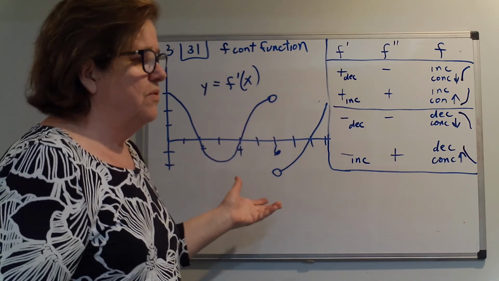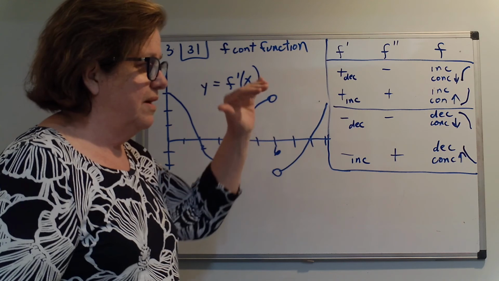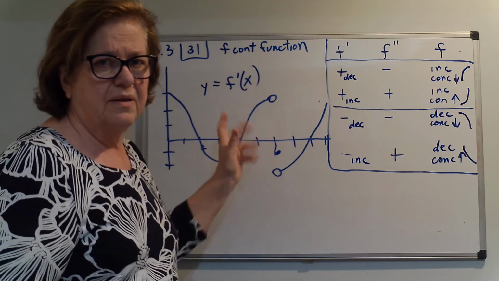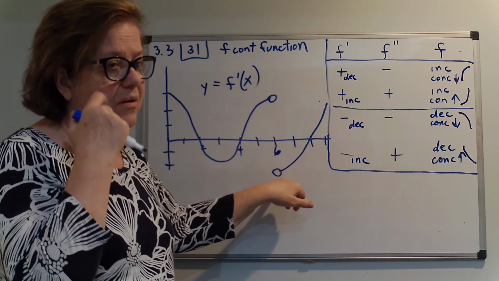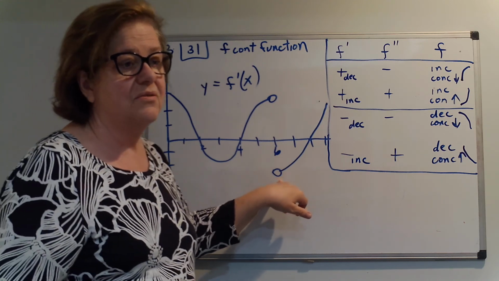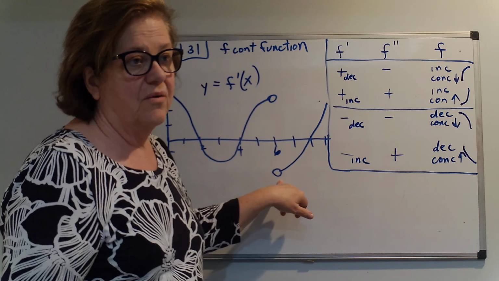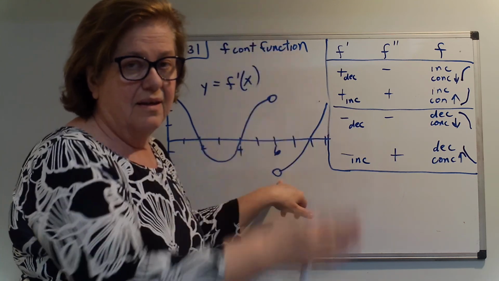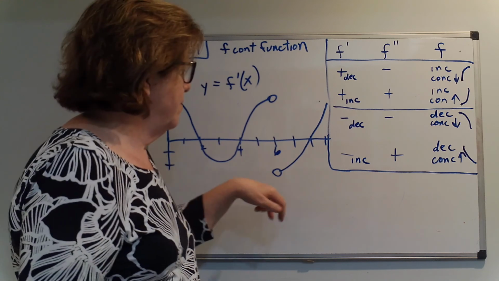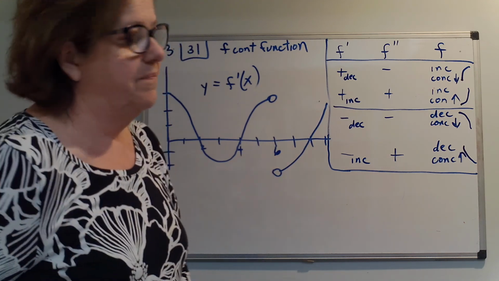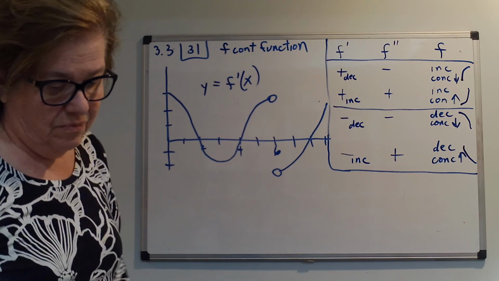So that means most likely we've got some kind of corner or cusp, some kind of point there where maybe the derivative doesn't exist, or maybe the tangent line is a vertical line, so the slope is infinite, so the derivative doesn't exist there. Okay, so let's see what they ask us.